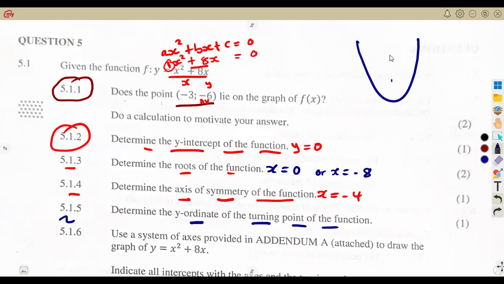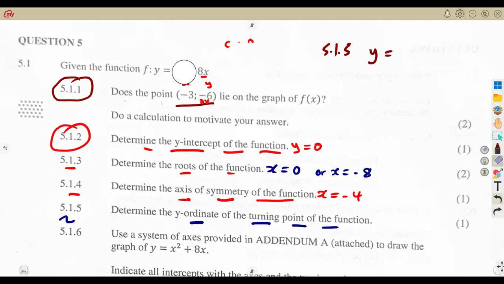That is the one at the turning point, at the axis of symmetry. So we just have to substitute the value of x at the axis of symmetry, which is -4, into the function. Remember our function, y is equal to x squared plus 8x.